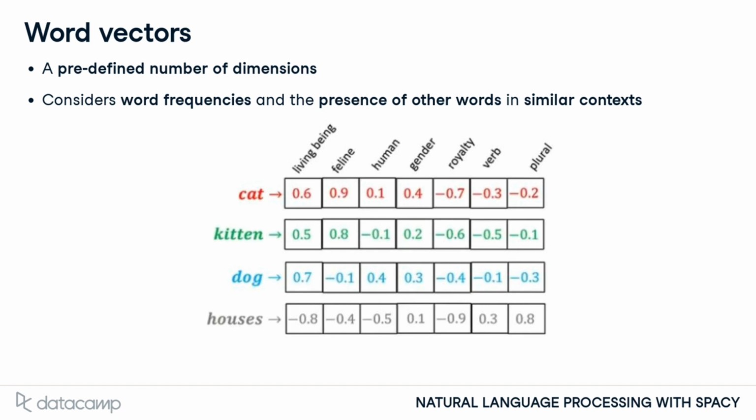A computer can then use this information to understand the similarity of words numerically by using vectors. For example, the table shows 7-dimensional word vectors that can help distinguish animals from houses or cats from dogs by capturing different aspects of these words from their surrounding context in a large corpus of text.